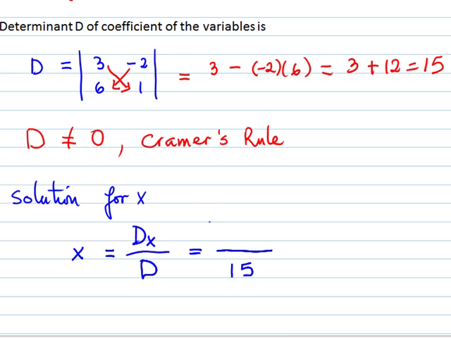Now, for the numerator, it's a determinant, and to find that determinant, how do you do it?